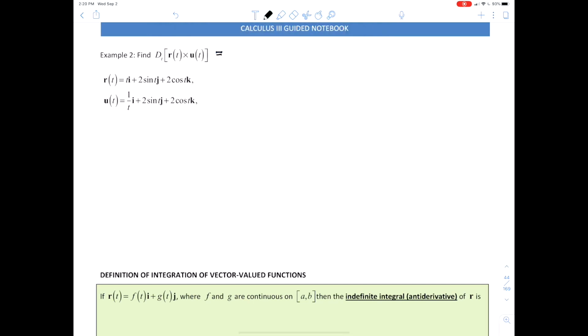We would have the derivative with respect to t of this cross product is going to end up being r at t cross u prime at t plus r prime at t cross u at t. Cool so far? All right, so let's take a look. What do we need to do?